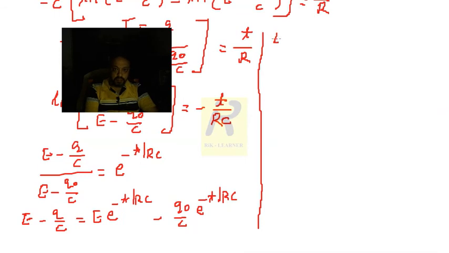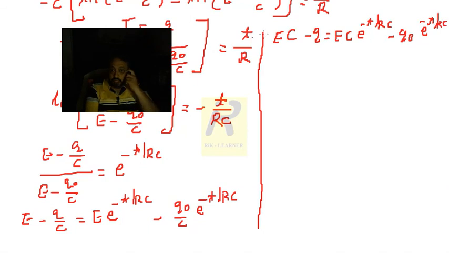It is EC minus Q equals EC e power minus t divided by RC minus Q0 e power minus t by RC. Now I need this one.